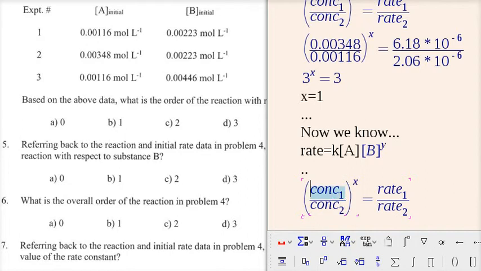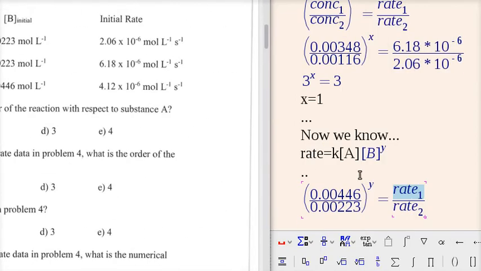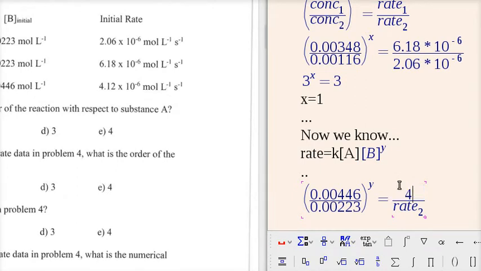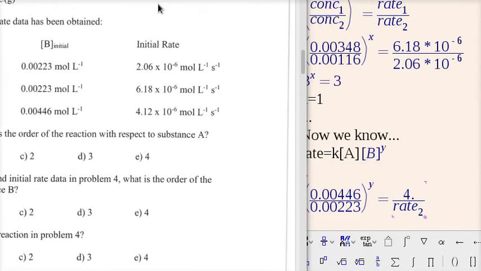So we'll do, and this is now to the y. So this is the rate we're talking about for B. Wait a moment. Did you say 1 and 3? 1 and 3. Yes, exactly.